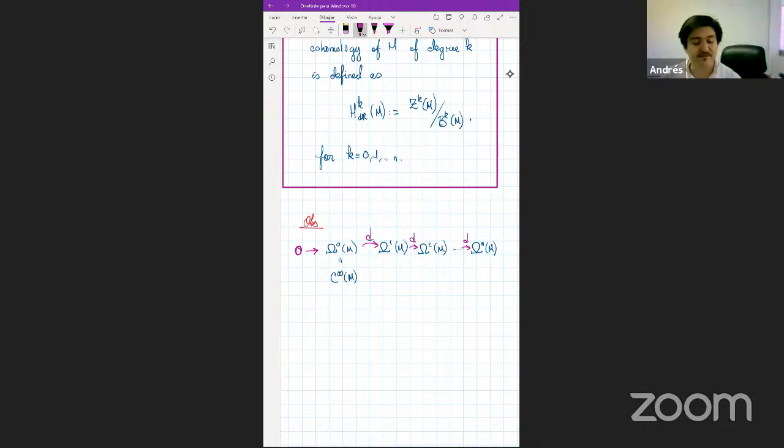On the other side, because of dimension reasons, we don't have any n+1 differential form. So here there's nothing. And we write an arrow and we mean everything goes to zero. Okay?